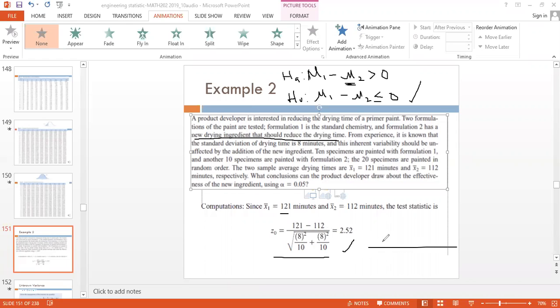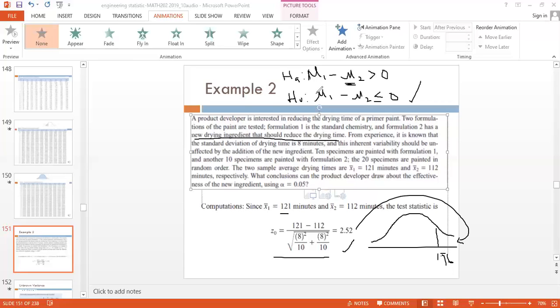Once you test for your statistic, the next thing is to test your critical value. Once again, we are dealing with a right tail test, which will still be 1.96. Checking for this value, it falls on the right of 1.96, so we have evidence to reject the null claim.